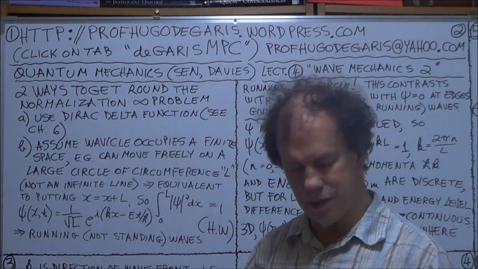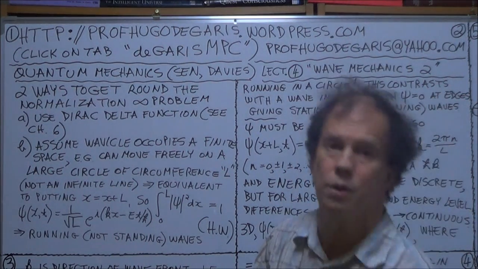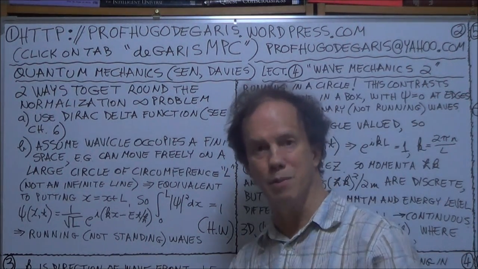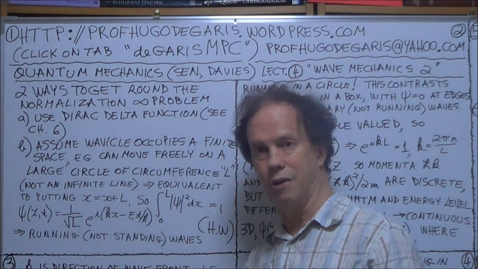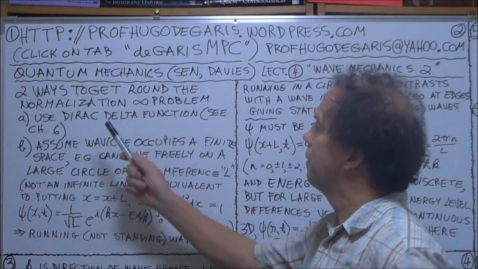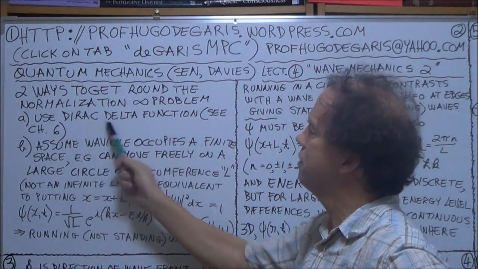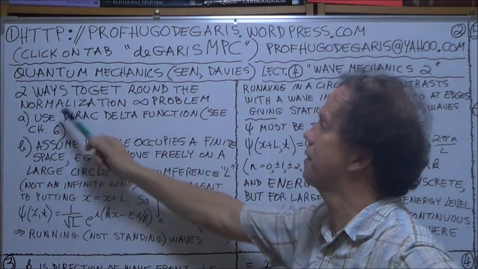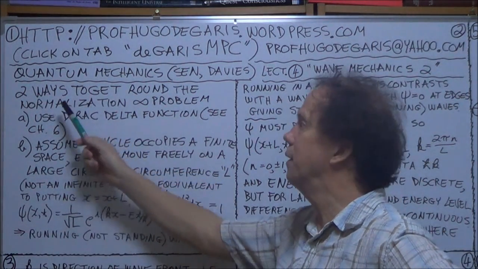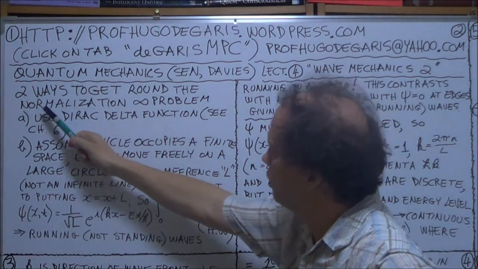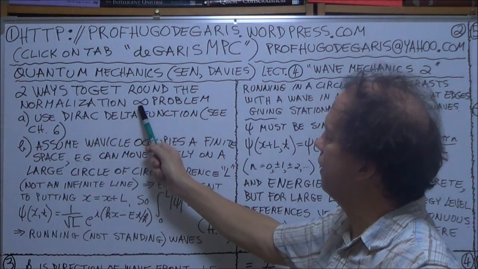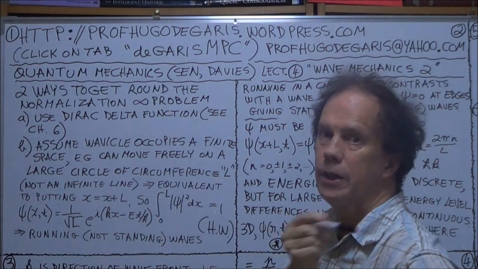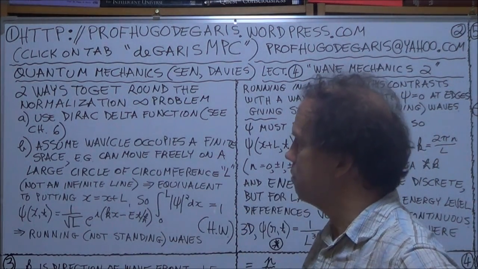So I'll wait till chapter 6 before discussing the details of the mathematics of the Dirac delta function. And by using this Dirac delta function, it helps us solve the normalization problem, when the normalization gives you an infinite value. That's a problem.